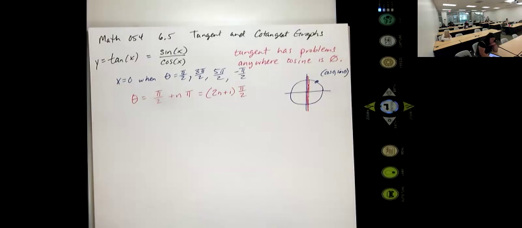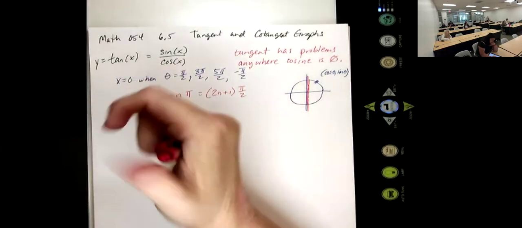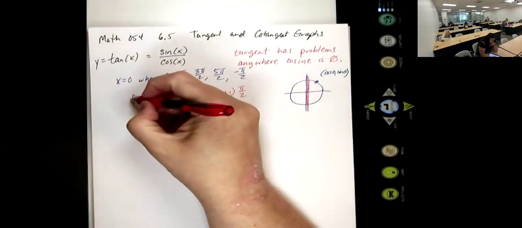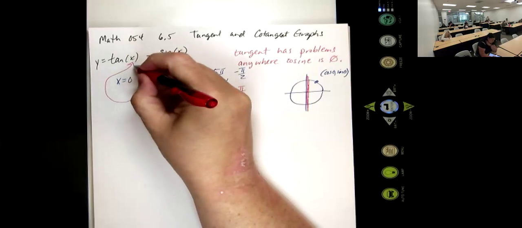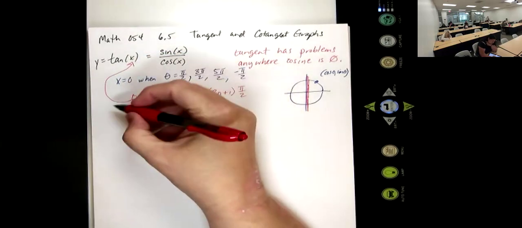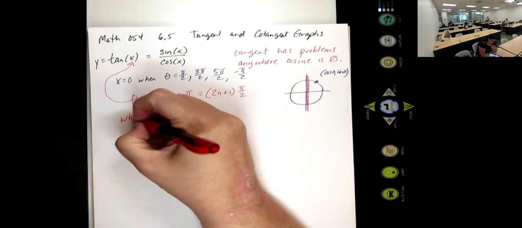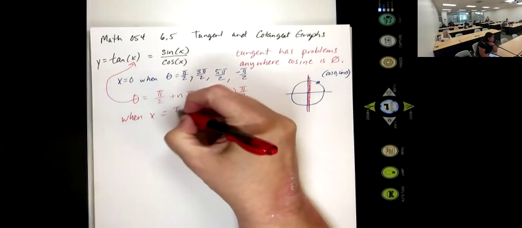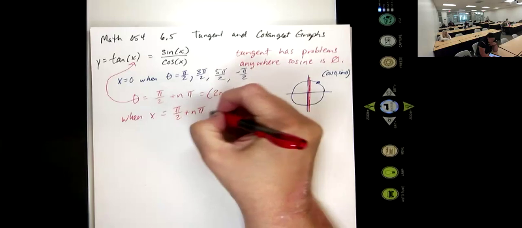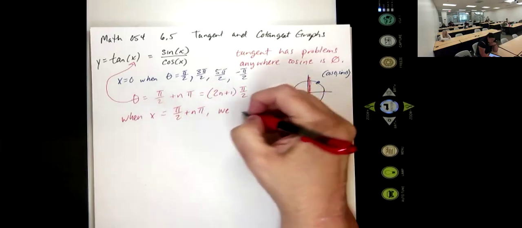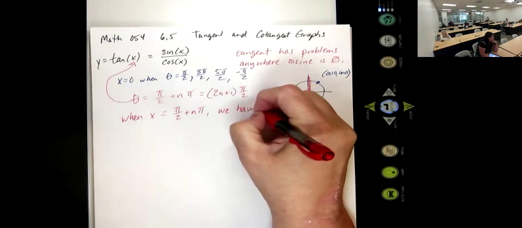When this happens at these angles, and theta is going to be our x, so when x equals these values, we are going to have 0 on the bottom, which means we have a vertical asymptote.